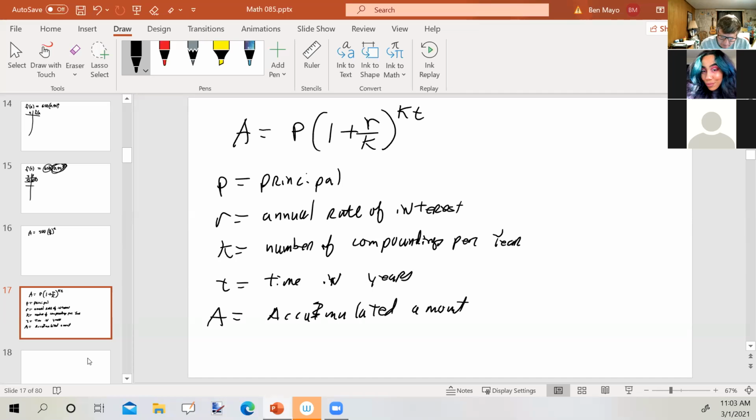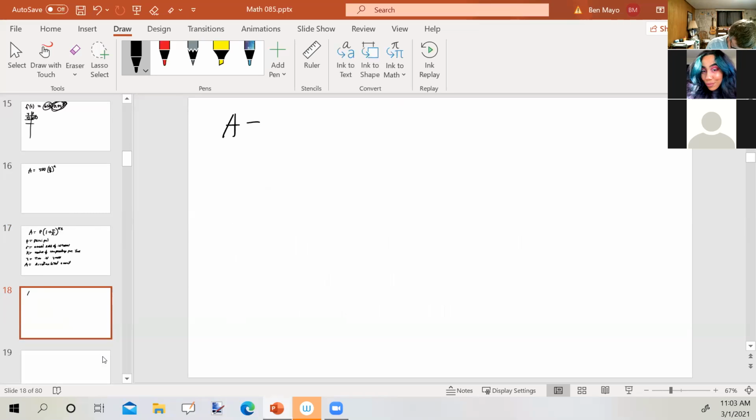So let's take a look at a problem involving compound interest.